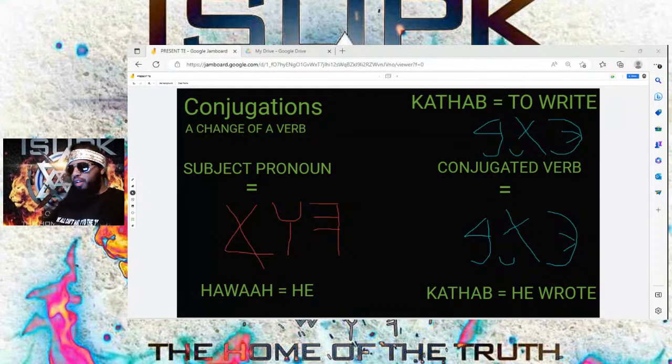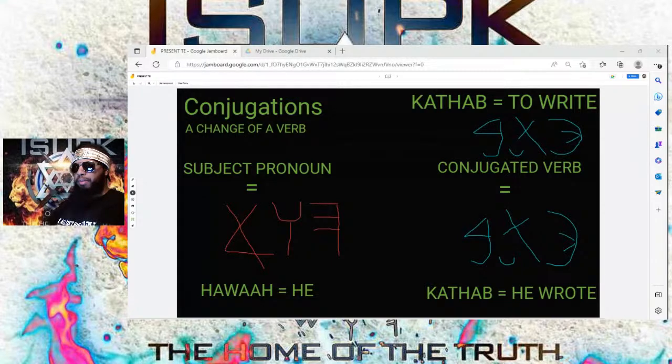So when reading the Hebrew, you're going to see verbs that have not been conjugated before. Don't sweat it in the slightest, because it may actually be conjugated, and you have two options. The verb could either be conjugated, or there's already a verb that has been conjugated, and it's the second verb in the sentence.